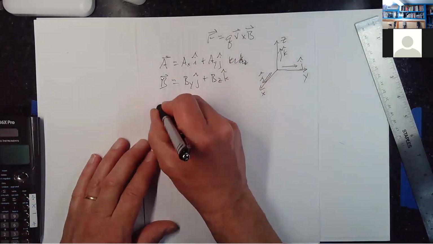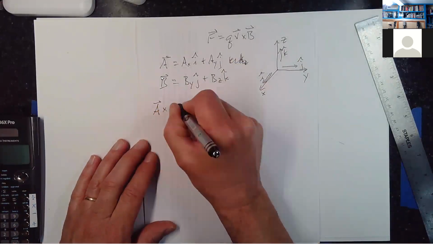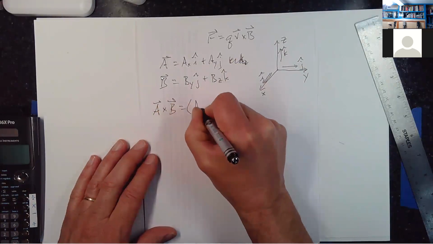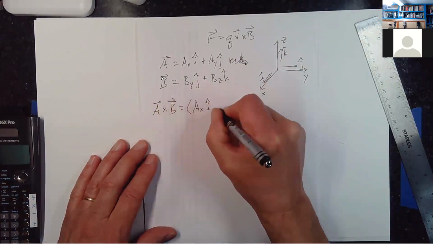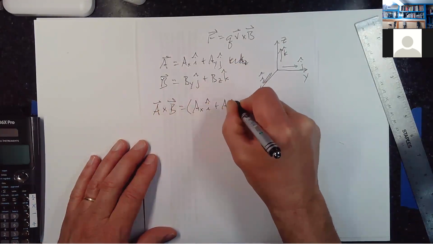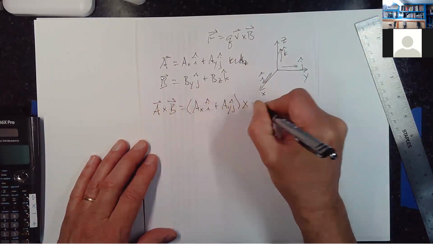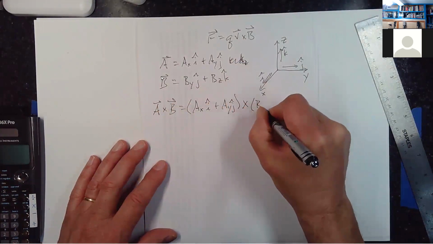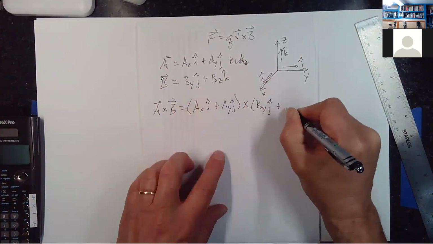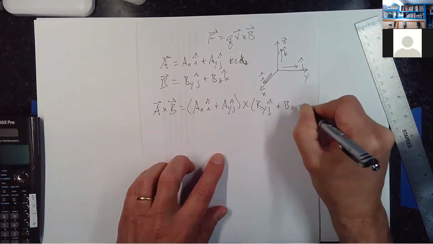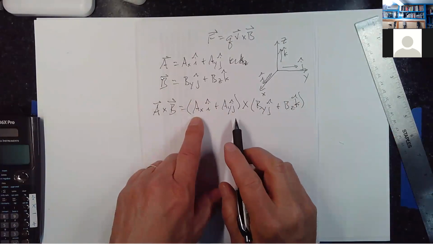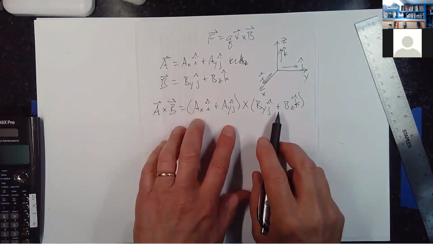A cross B will equal AX along I hat plus AY along J hat, crossed with BY along J hat plus BZ along K hat. Then I'm going to split this into two parts.